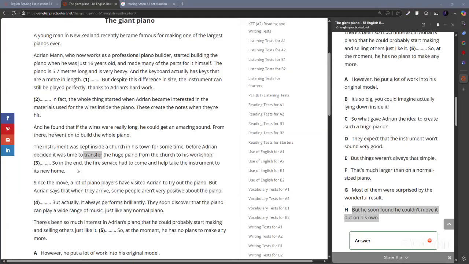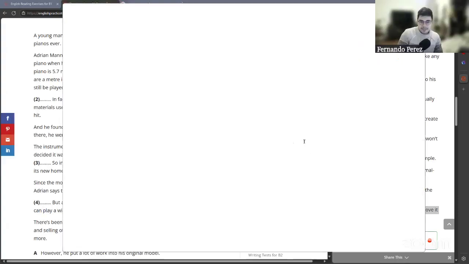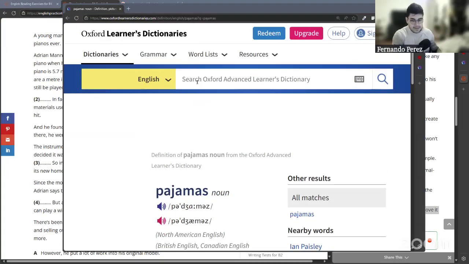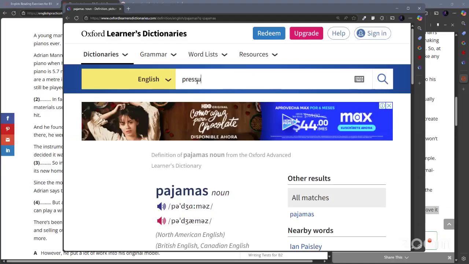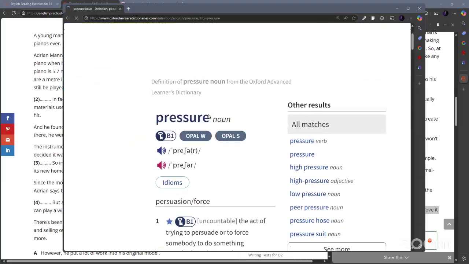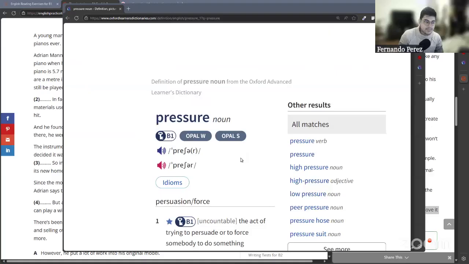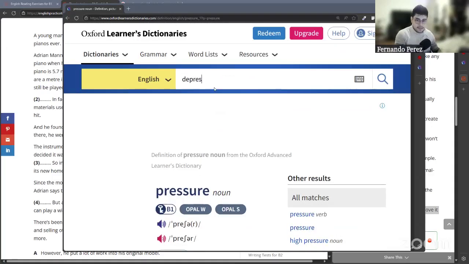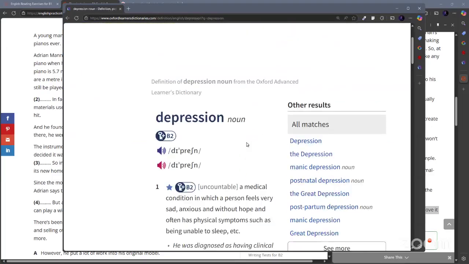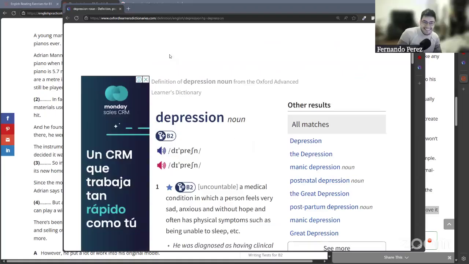What do you mean? At the moment I decided for depression, and I was reading all the answers, and I said, "Ah, this is great." Whoa, no, it's not depression. It's pressure. Yeah, pressure, because the other one, depression, sounds like this. Ah, yes, this is the reason.